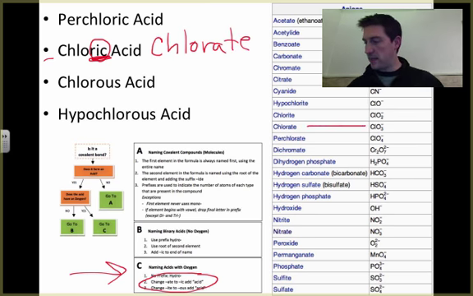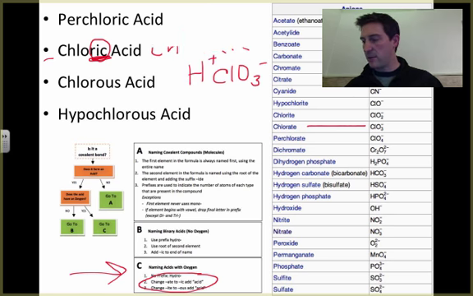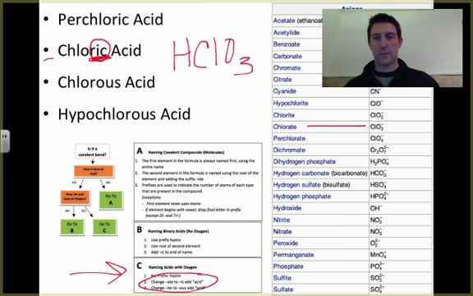Here's chlorate, ClO3 minus, and there still is an H plus ion at the front of that. Let me just clean this up and write out exactly what we have. We have HClO3 for chloric acid.